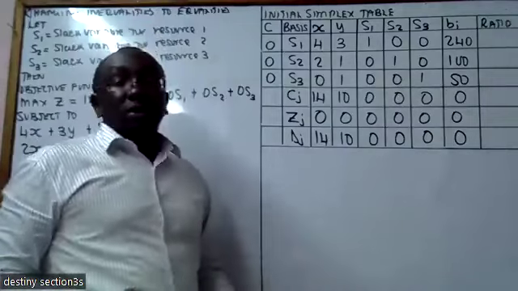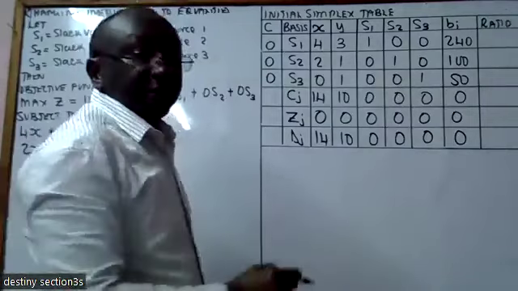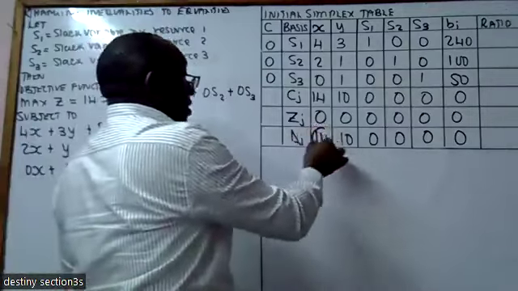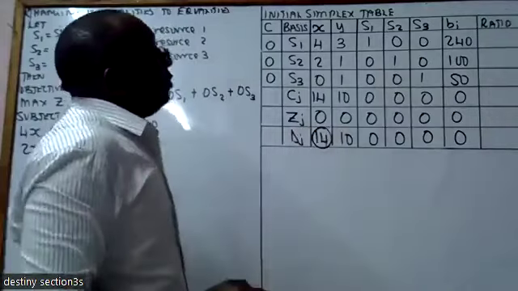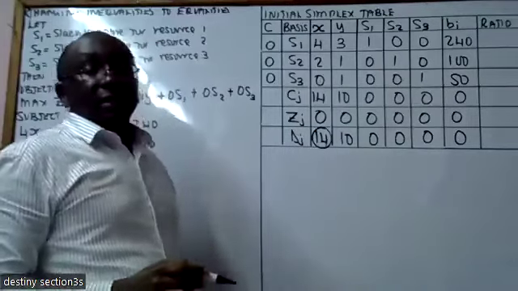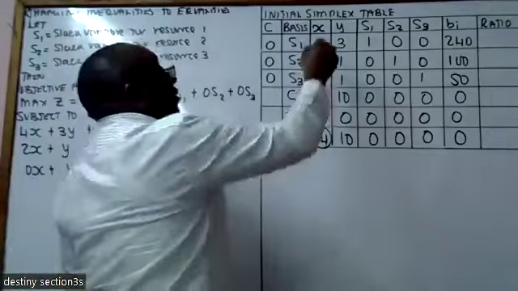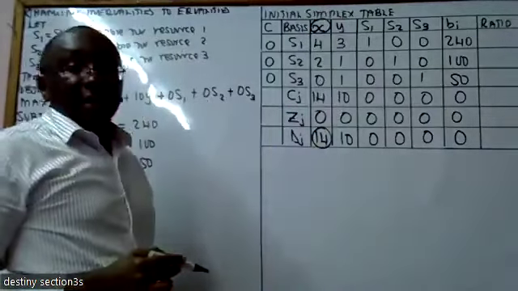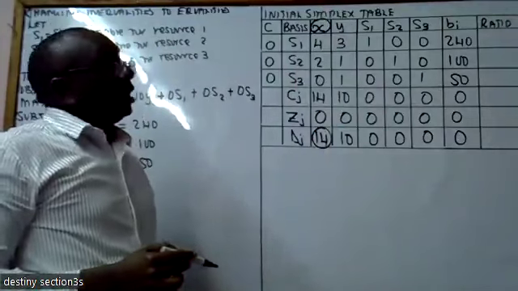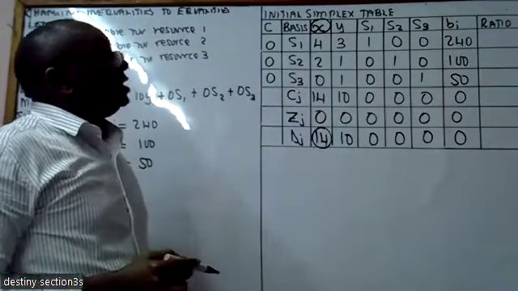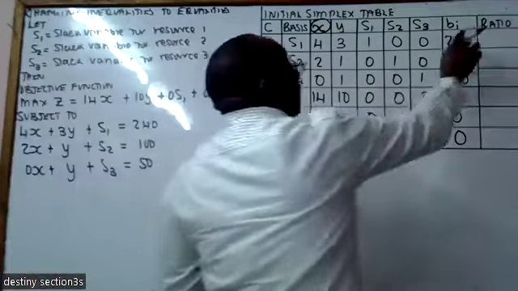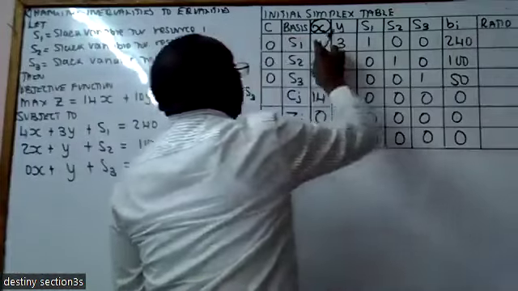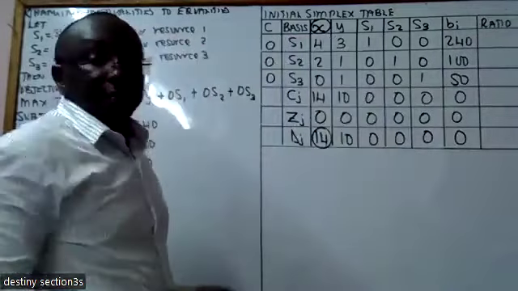So we said what you do, you pick the highest value. So this is the highest here. And when we pick the highest, we say this value is called the incoming, the one that is there at the title. Then you divide the value here using the values in the key column.